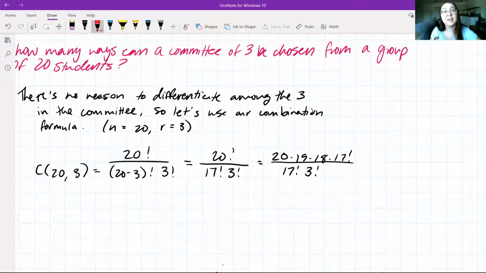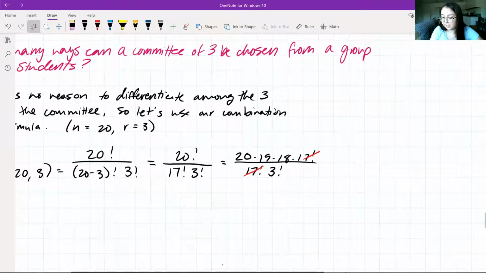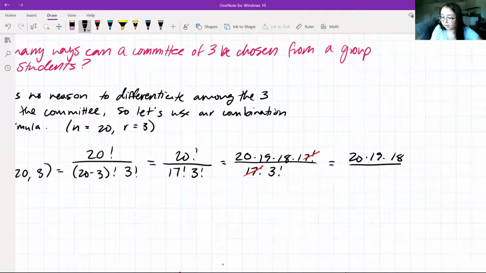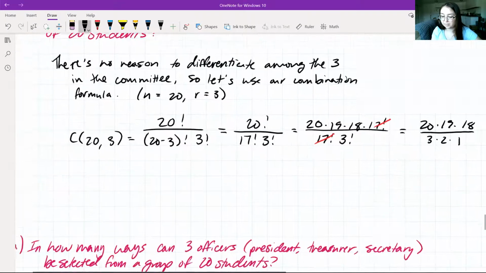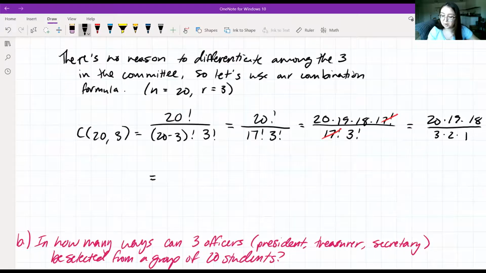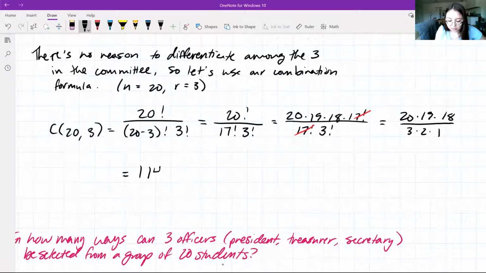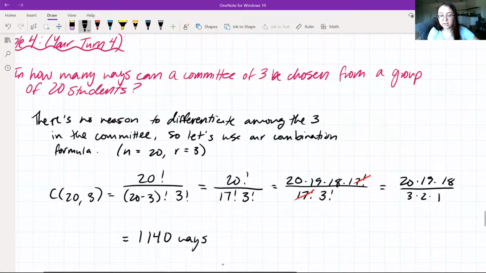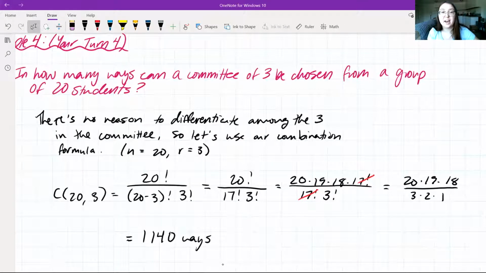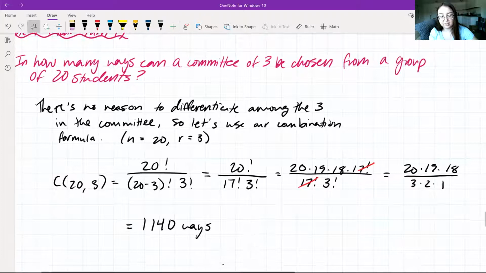And once again, we can cancel our 17 factorials, make our lives a little easier, and we end up getting 20 times 19 times 18 divided by 3 factorial, which we know is 3 times 2 times 1. And let's bring our answer down here. When we calculate this value, we're going to end up getting 1,140 different ways to create a committee of 3 out of 20 students.